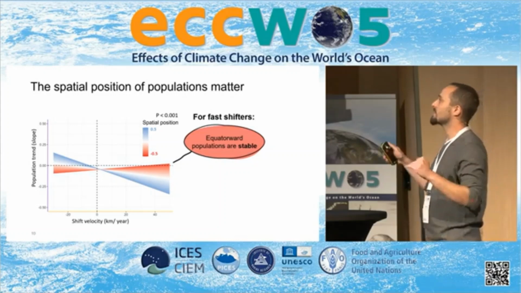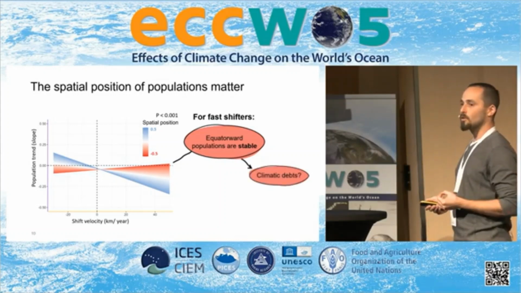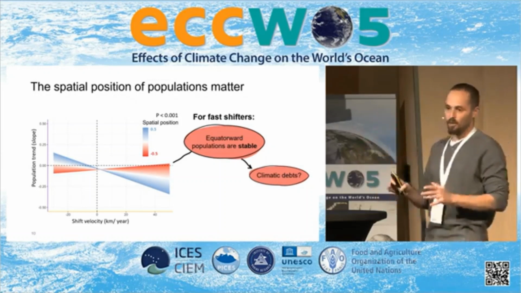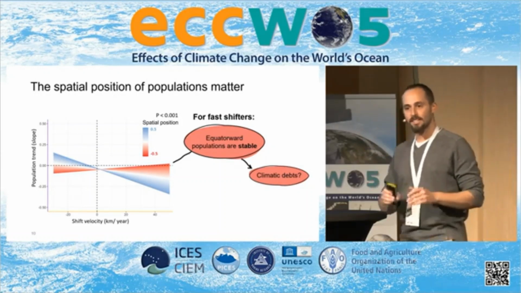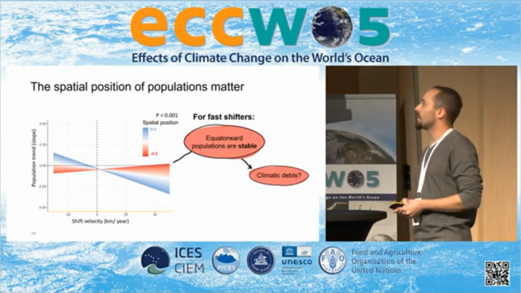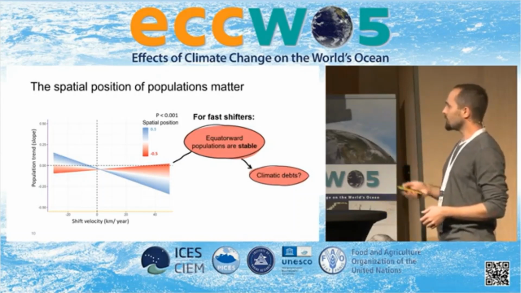But we see a stable trend. We thought that perhaps it could be related to climatic depth. So we cannot really assume that those equatorial populations are fine and persisting and it's great. We still, in my eyes, need to keep monitoring those populations.